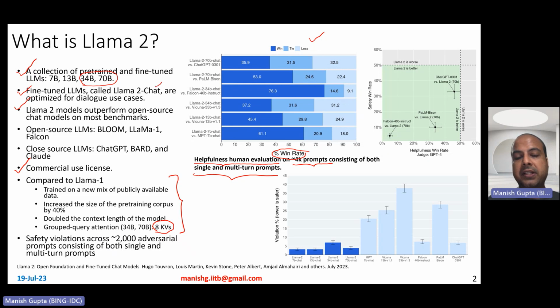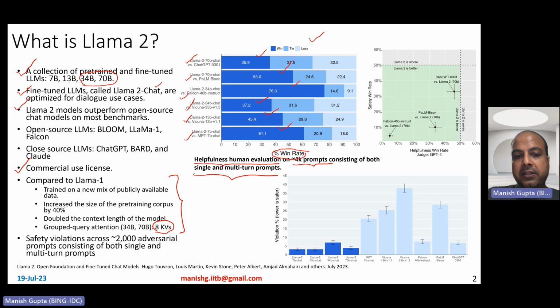And these results basically show comparisons of Llama 2 70 billion chat with ChatGPT, with Palm, with Falcon 40 billion instruct, with Vicuna 33 billion, and Vicuna 13 billion and MPT 7 billion, the latest chat models which are available. And what you see here is that Llama 2 chat models essentially have a very high win rate, right? So essentially you see that Llama chat models are actually better than most of those available chat models.